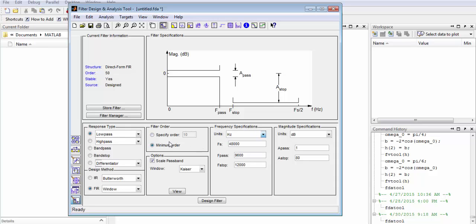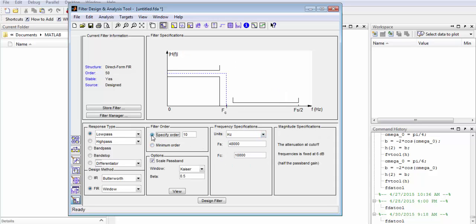and then you get to decide what is the order. So order is filter length minus 1. Okay? So let's say we want a filter of length 65, so that's order 64.